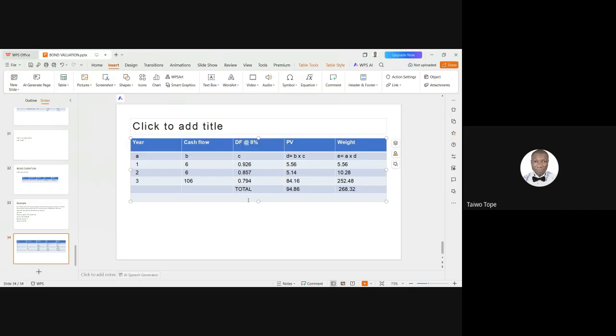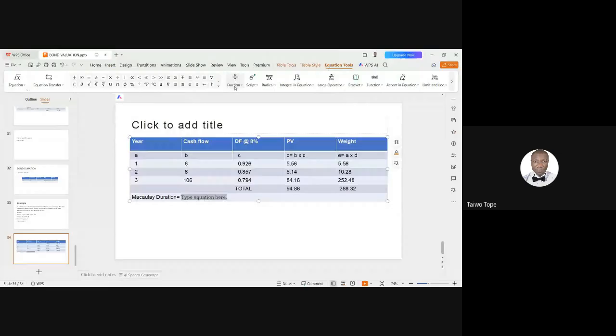The number of years, the duration. So your Macaulay duration will be equal to the total weight divided by the total present value.